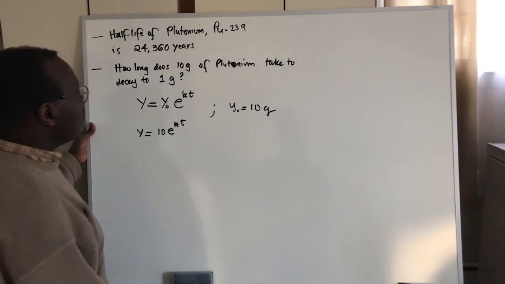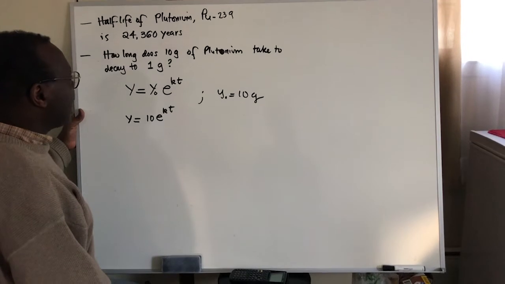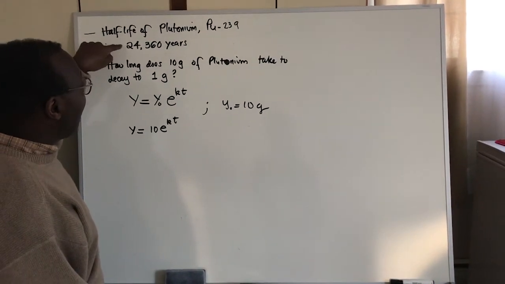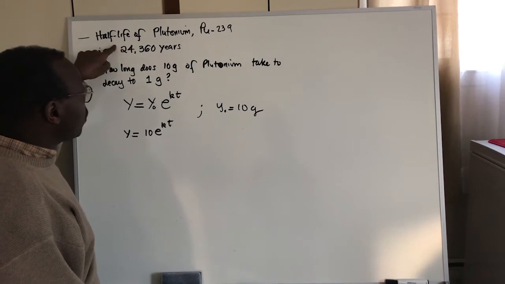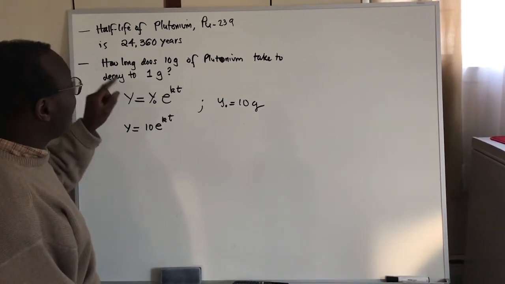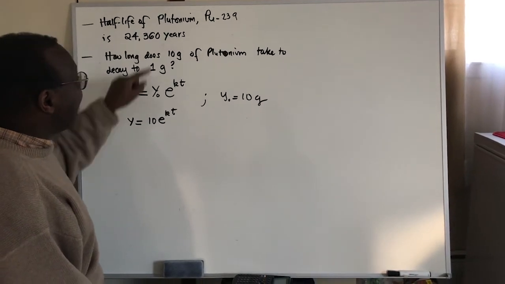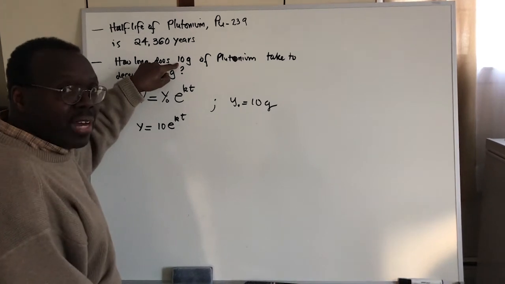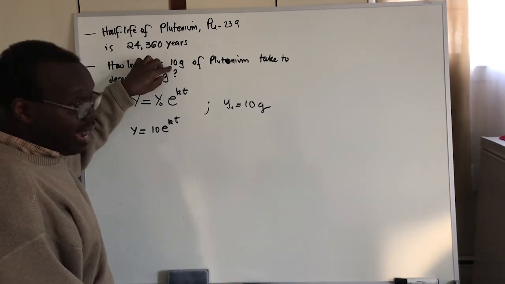Now we want to know how long it takes 10 grams to decay to 1 gram, but we have to use the half-life of plutonium-239. Half-life means the number of years it will take 10 grams to decay to 5 grams. 5 grams is half of 10.